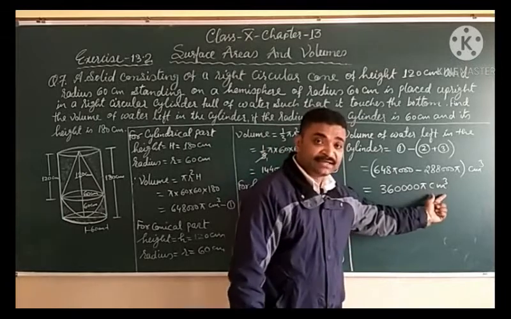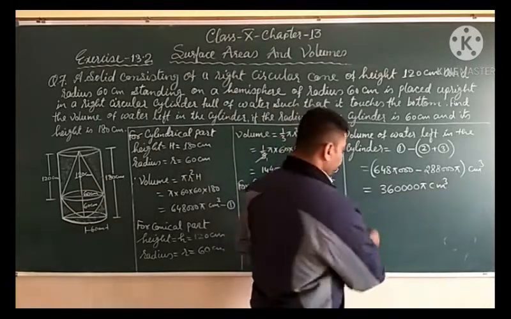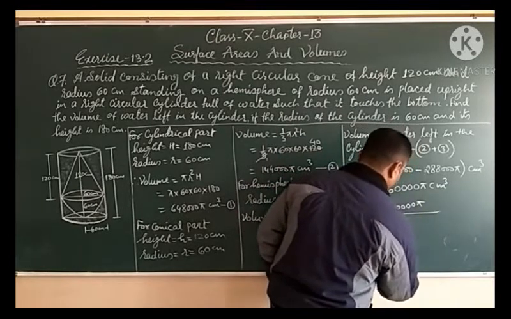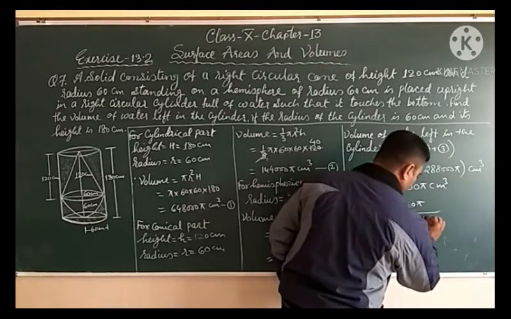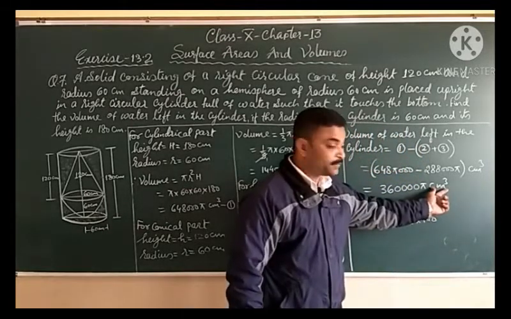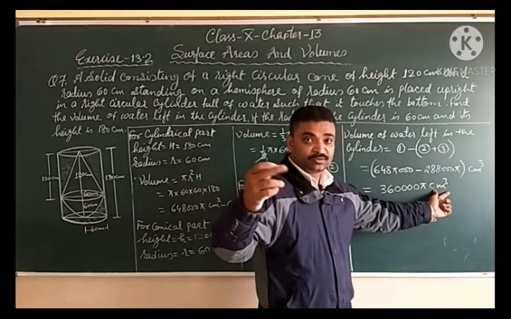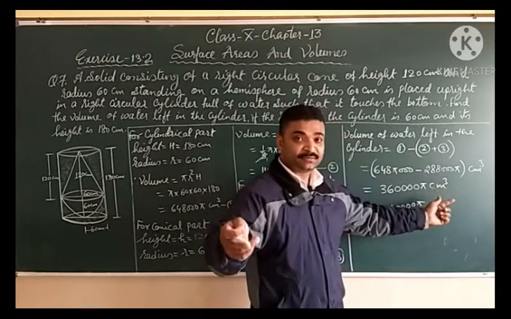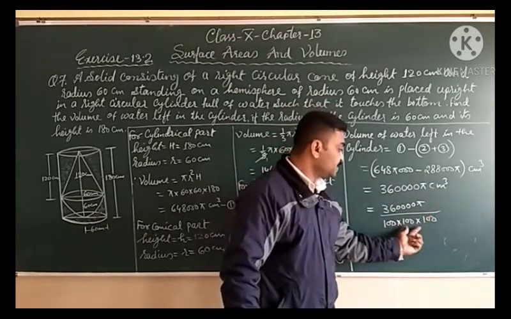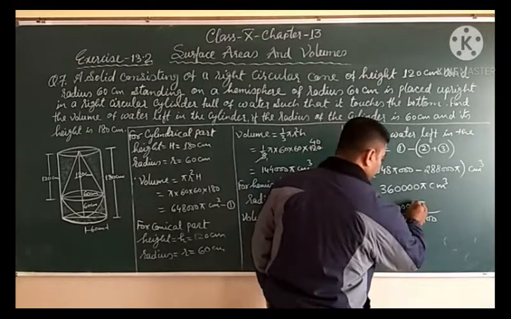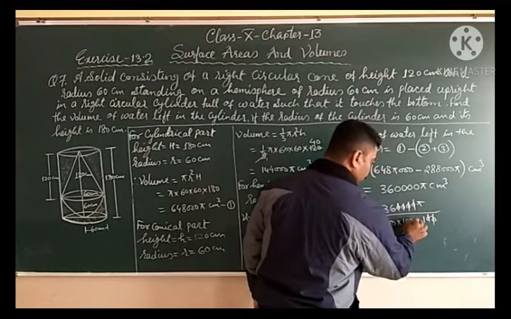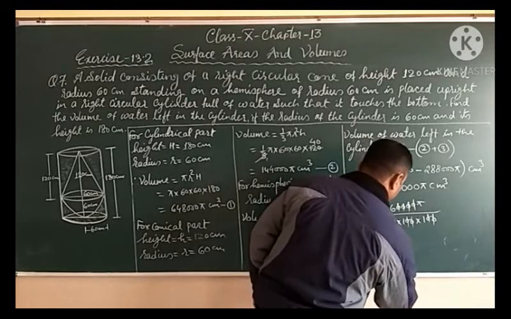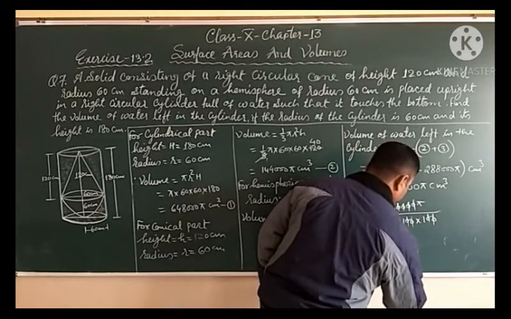And if we convert this centimeter cube into meter cube, we get 36,000 pi upon 100 into 100 into 100, because 1 centimeter is equal to 1 upon 100 meter. After cancelling, we get 36 pi upon 100 meter cube.